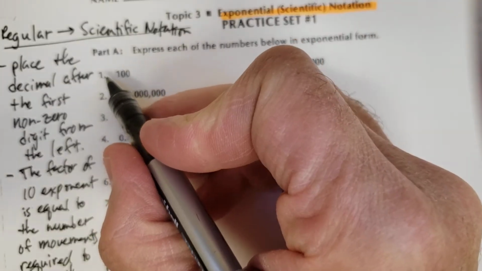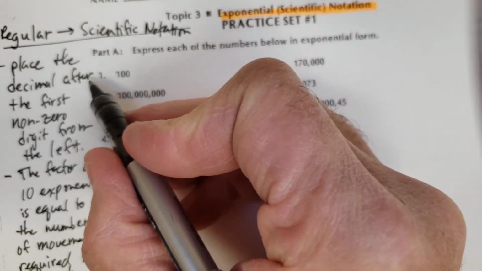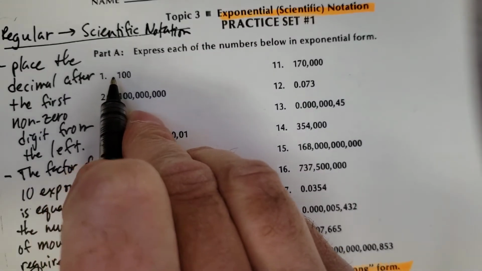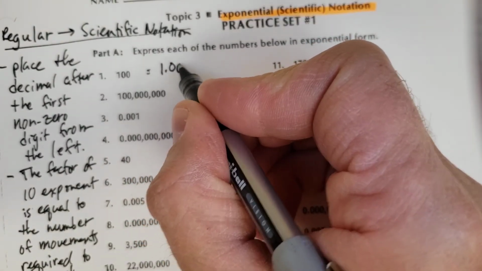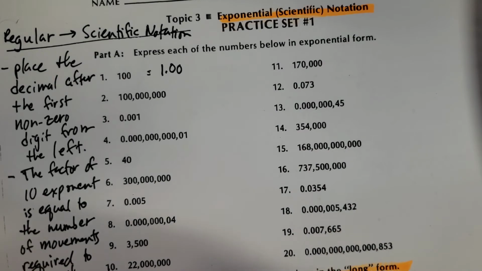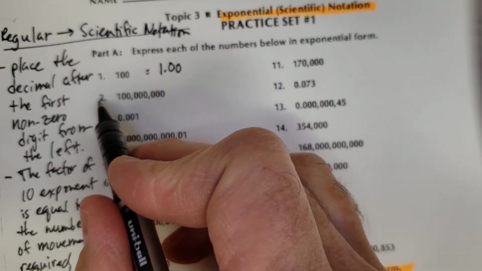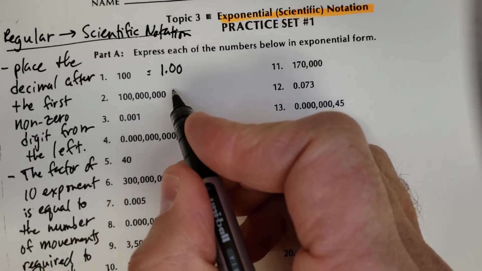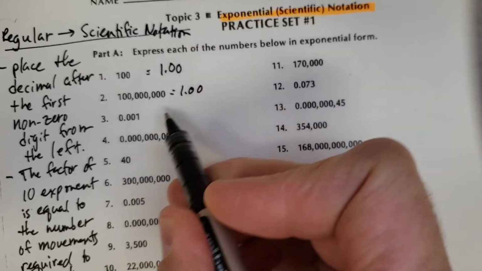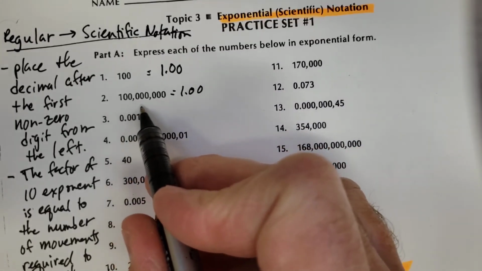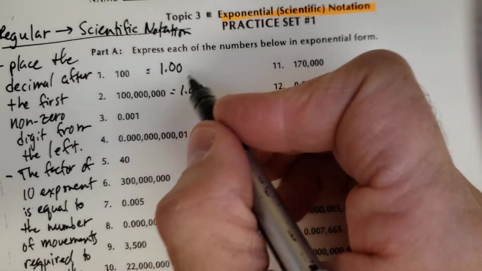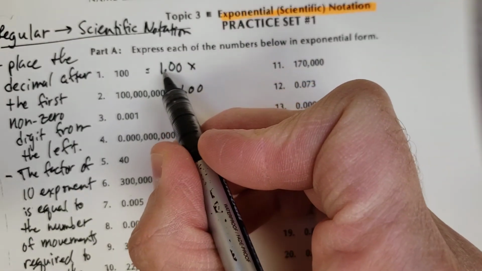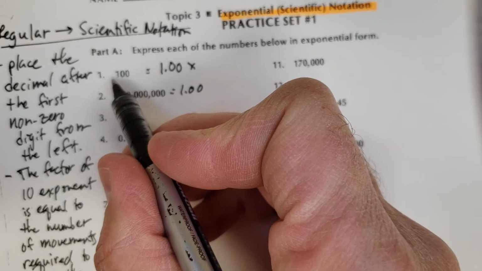So over here, if we look at the number 100, if we place the decimal after the first non-zero digit, so it would be 1, and I can write these zeros here. So it's going to be 1.0, and I'll just write a few zeros down just for now, because that gets into significant digits, which we'll look at later. So here, now where would I move this decimal to get the original number of 100?